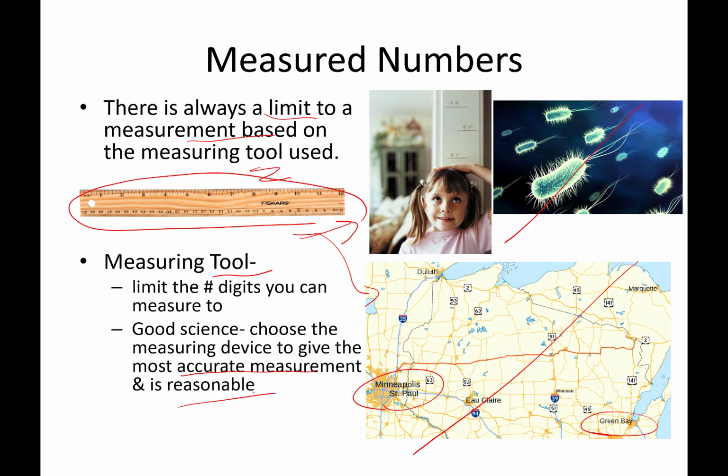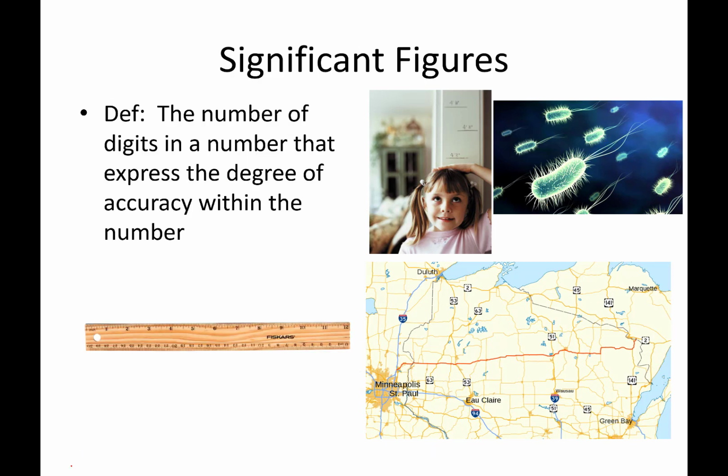So you've got to pick the right tool, and you need to know how many digits you can use that tool to get precision down to, or accuracy down to. Now, the number of digits that are expressed, which expresses the accuracy of that measurement, is called the number of significant figures, or sometimes significant digits.